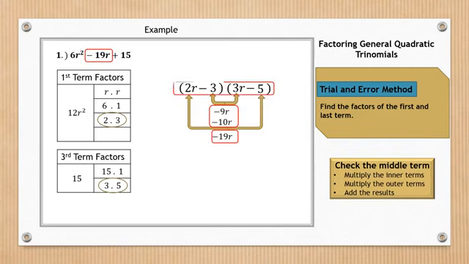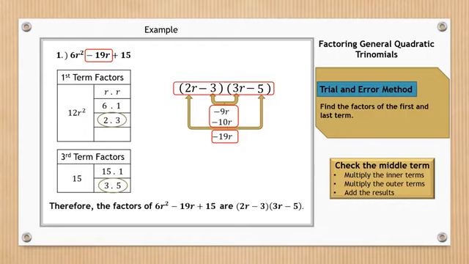So, therefore, the factors of 6r squared minus 19r plus 15 are 2r minus 3 times 3r minus 5. So you write down in your given: the factor of 6r squared minus 19r plus 15 is equal to 2r minus 3, close and open parenthesis, times 3r minus 5.